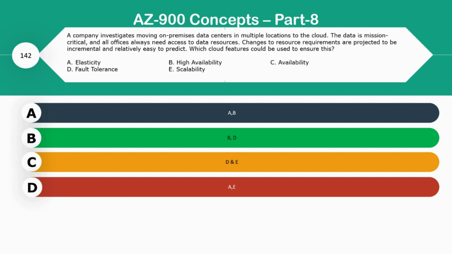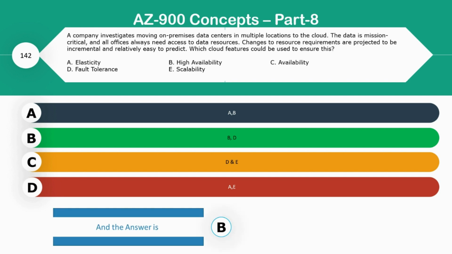Which cloud features could be used to ensure this? You have options: A, elasticity; B, high availability; C, availability; D, fault tolerance; E, scalability. Look out here. This is a question where you need to be careful in understanding the wordings. The right answer for this question is option B.